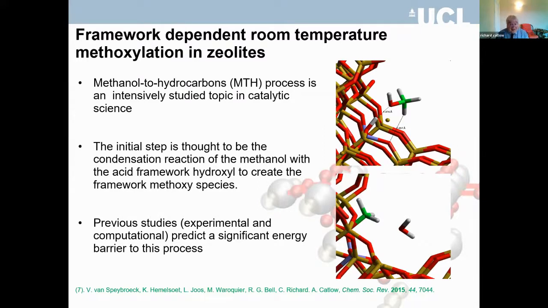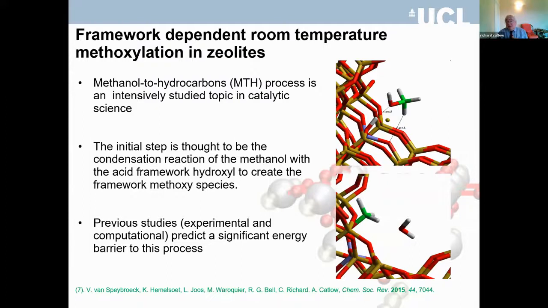The chemistry is very complicated, and it is the subject of pretty intensive work around the world. We're just going to concentrate on the first step, which has long been thought to be fairly conventional chemistry. Essentially, you methylate one of the oxygens of the framework. You can see in the graphics, you have a Bronsted acid site. This is an acid catalyst, and it does rather conventional organic chemistry.